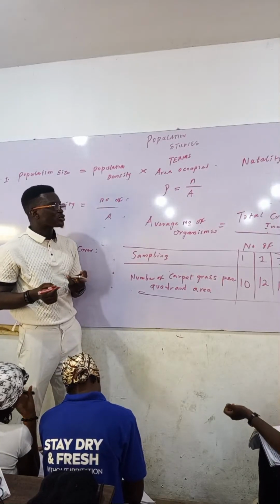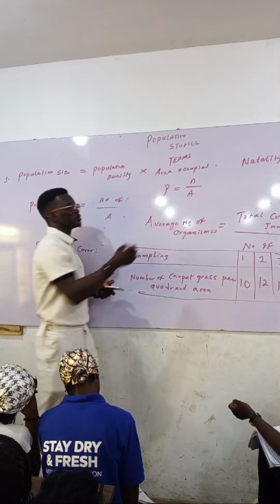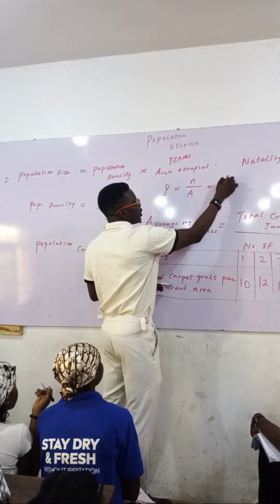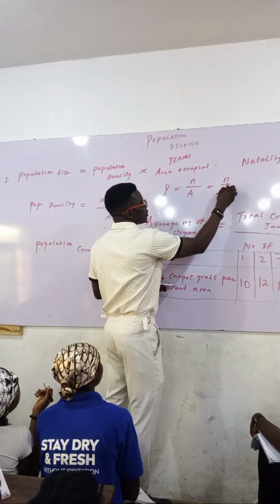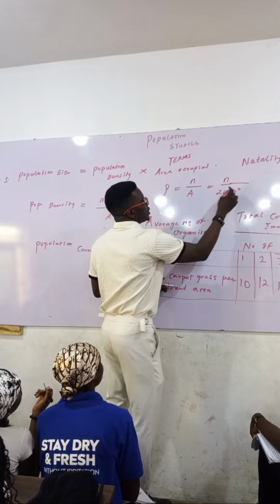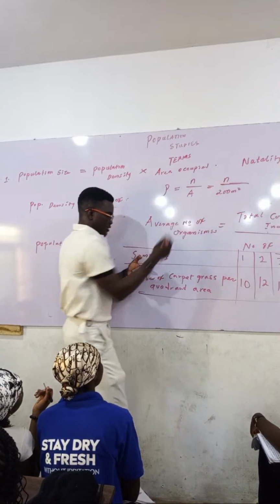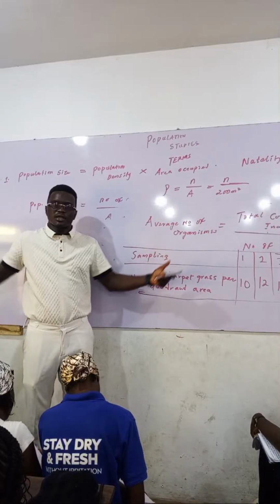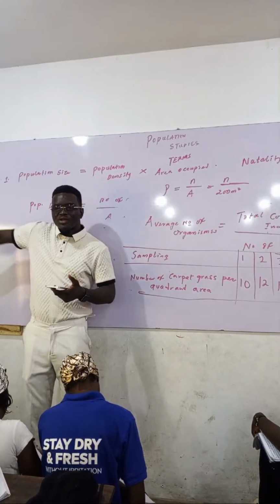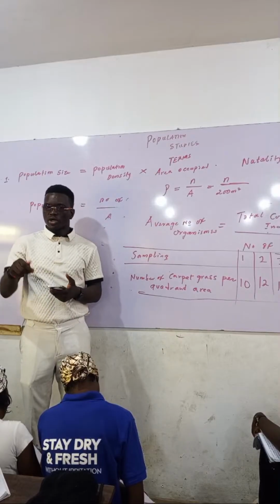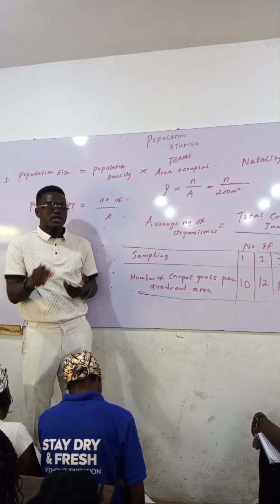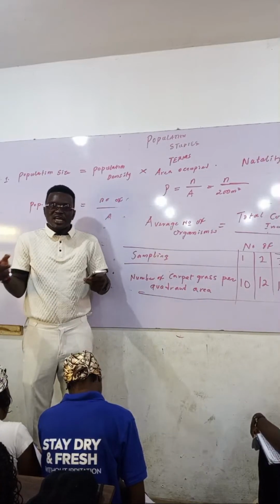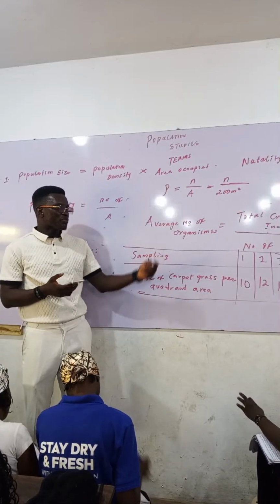The total area is 200 meters squared. So the next question is, how do we get the total number of organisms in that 200 meter square area? Not just the sampled area, but the total area.